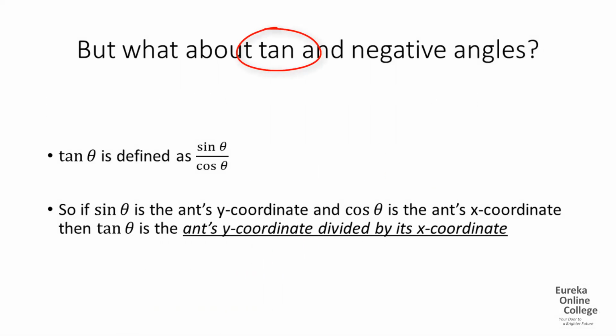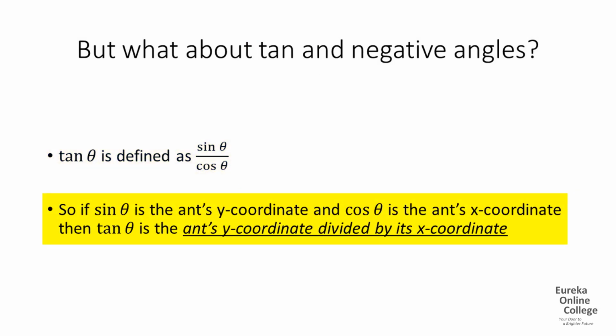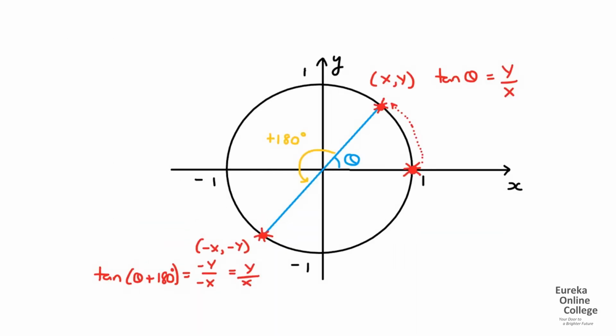What about tan? Well, tan theta is defined to be sine theta over cosine theta. If sine theta is the ant's y-coordinate and cosine theta is the ant's x-coordinate, then tan theta is nothing but the ant's y-coordinate divided by its x-coordinate. Okay, so I've got a picture here.